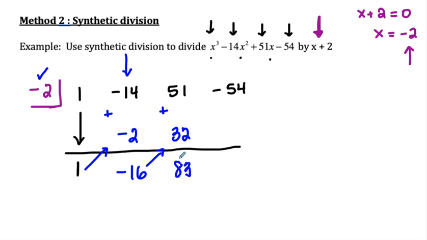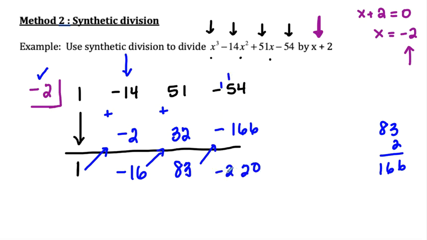Now follow that same process. I multiply negative 2 times 83, giving me, what is that, 106? I'm sorry, 166. But it's negative, so negative 166. Then I add down, and that gives me negative 220.